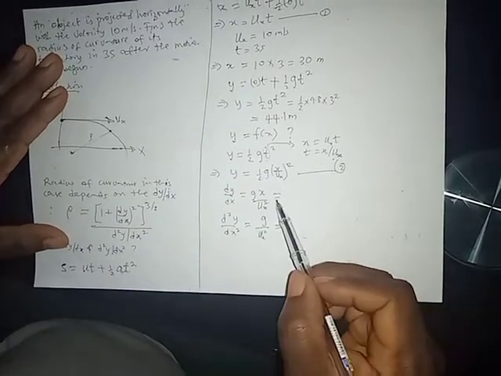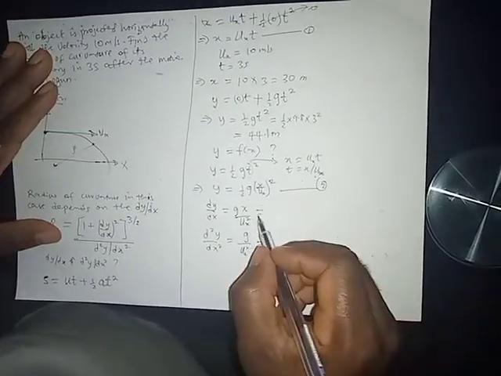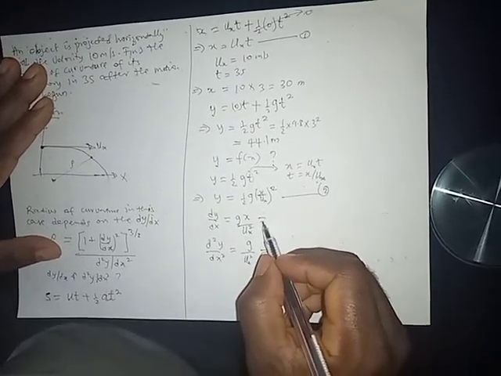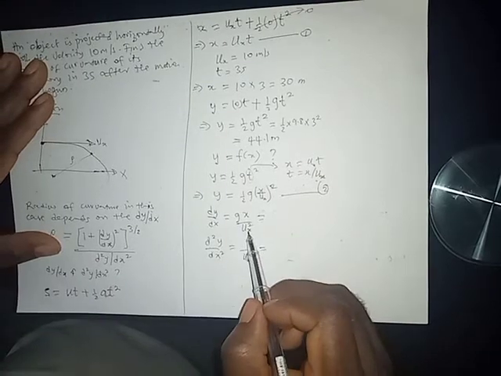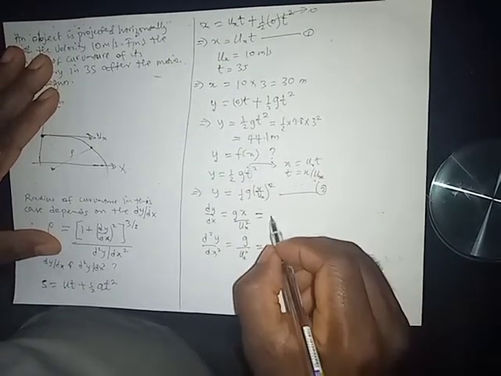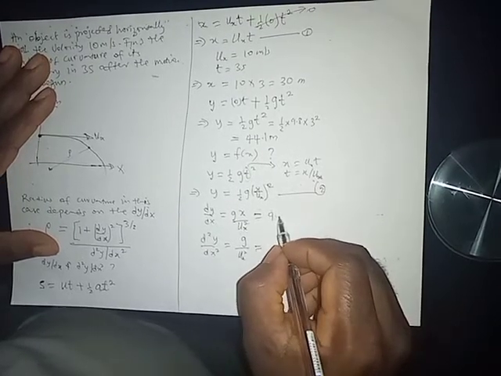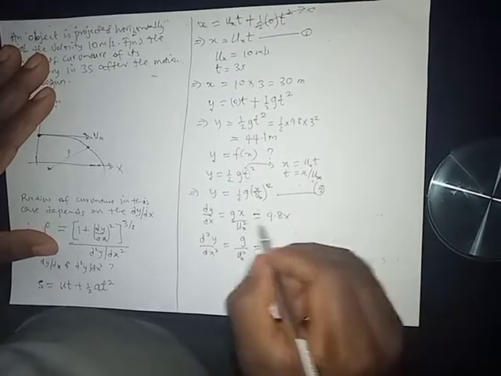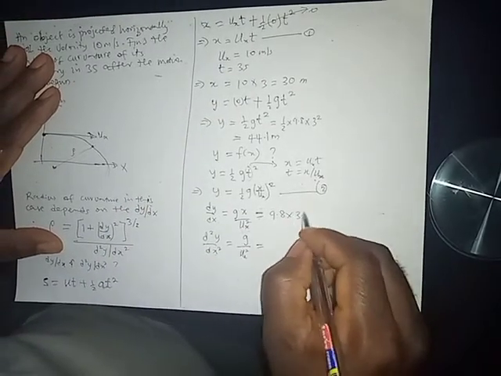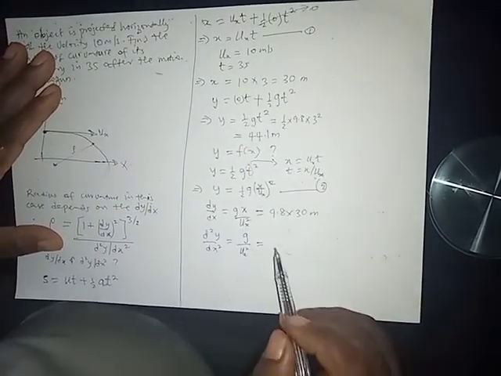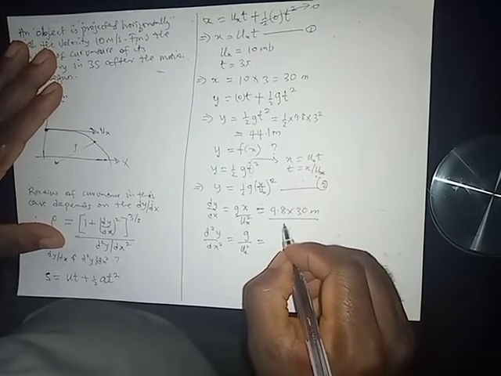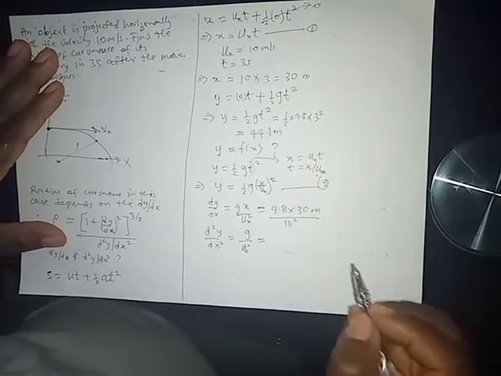So how do we find this here? This is straightforward, since we know this. So that means we can do a lot here. This is 9.8 times x. We have calculated x earlier. That is 30 meters here, and then divided by u, u is 10, squared.